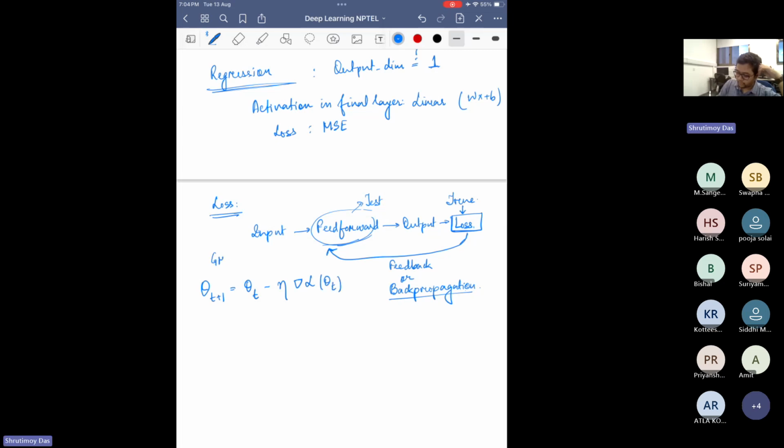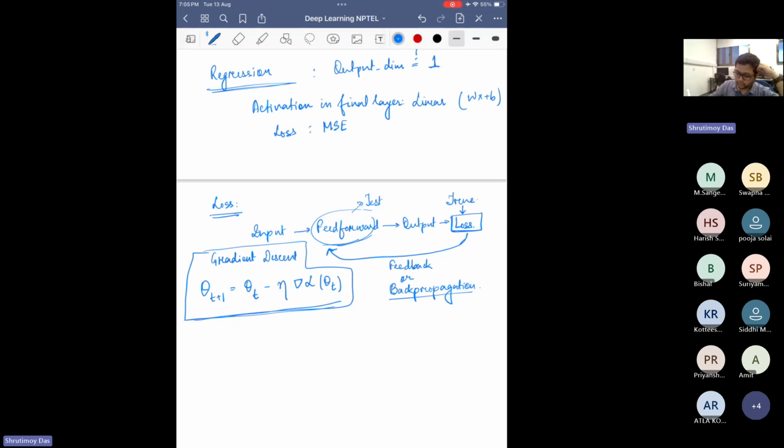Is anyone not aware of this update step of gradient descent? I hope everybody remembers this, because this is the most important update step you will need for training your neural networks.